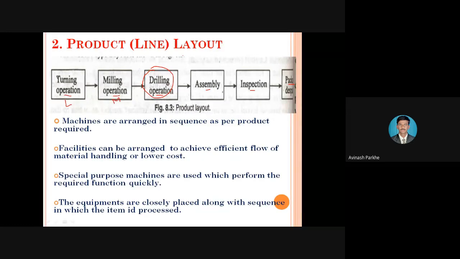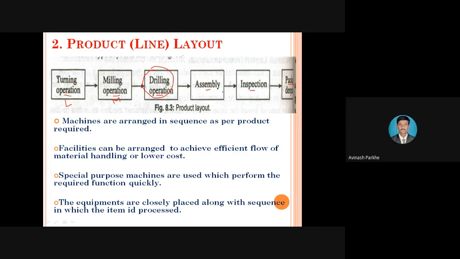All the products are different. If the product is different, then their manufacturing process or their sequence of operation is also very different. If your sequence of operation is different, then your sequence of machineries also varies. Therefore, if I have to install a new sequence of machines, at that time very high investment is required in the case of a product type of layout.